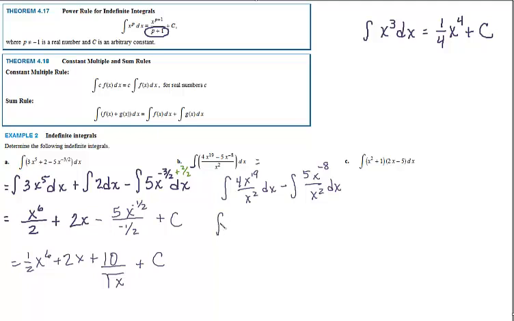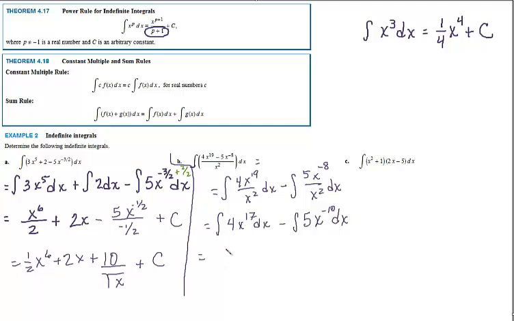Alright, so simplifying that, I get integral of 4x to the 17 dx minus, and this I'm just going to go ahead and write as integral of 5x to the negative 10 dx.